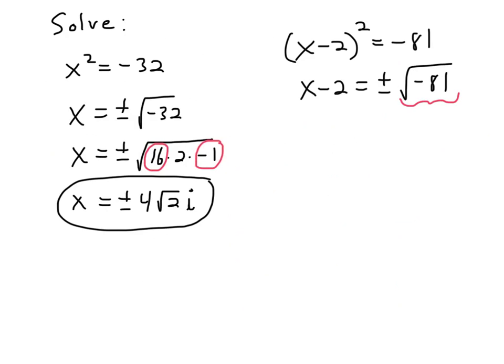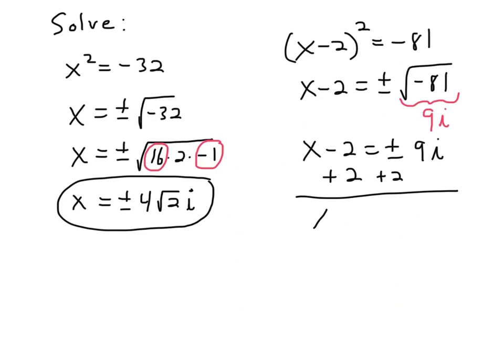And that would actually be 9i. So we have here x minus 2 equals plus or minus 9i. And then we'll add 2 to both sides to solve for x. And again, we'll write that 2 in before the plus or the minus sign. So it'll be 2 plus or minus 9i.